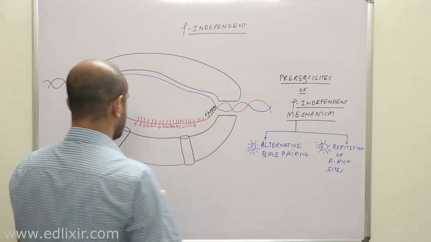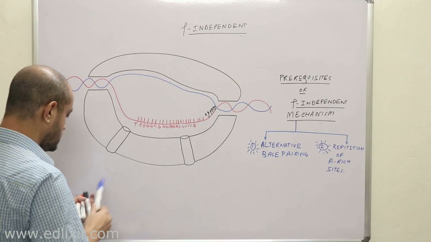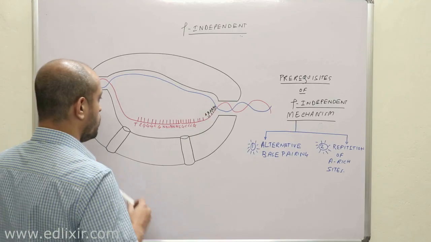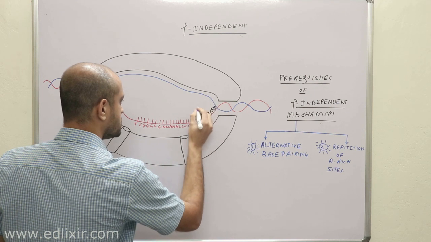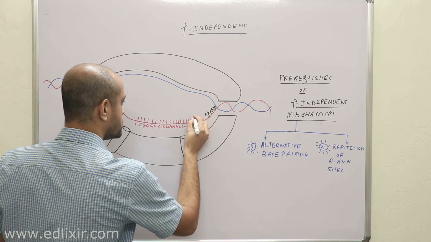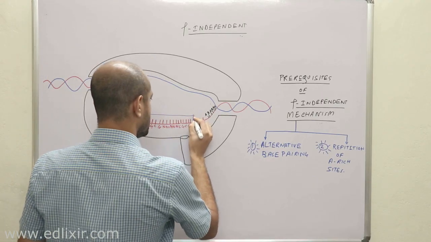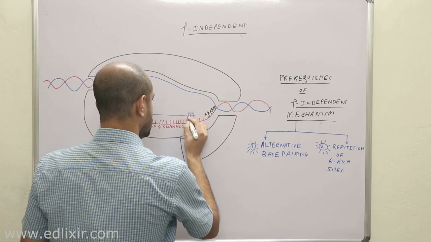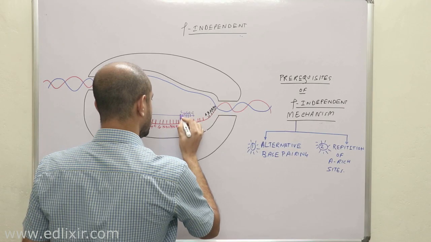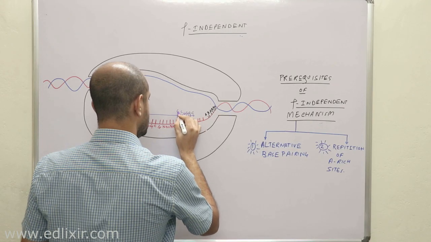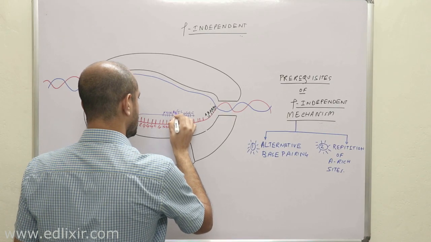Now listen with all your attention. Whenever RNA polymerization takes place, what will happen is there is C, G, G, G, C, G, N, right?